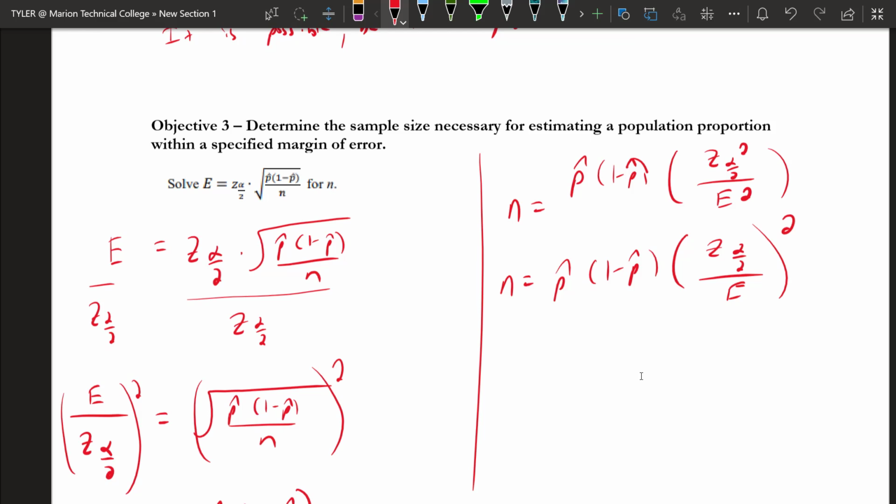That's helpful because when you have Z with a subscript that has a 2 in it and then it's squared, this is just written a little easier. What this allows us to do is get an equation to figure out what n value we should have in order to get a specific margin of error.